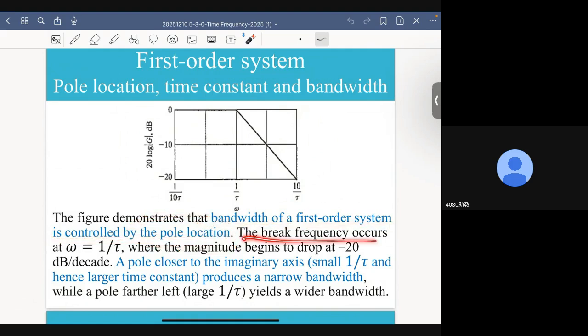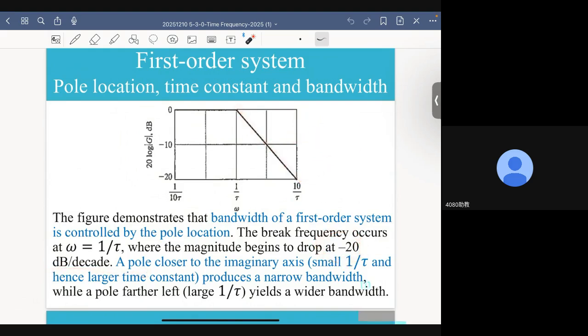The break frequency, which is here, is apparently omega equals 1/tau. After that, the magnitude begins to drop at -20 dB per decade.